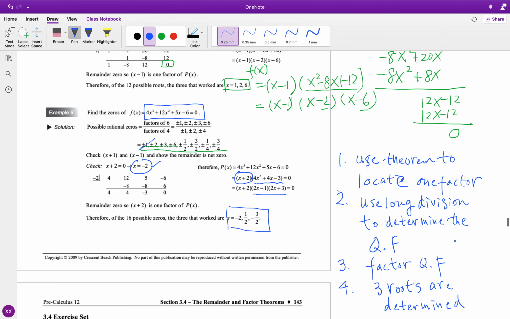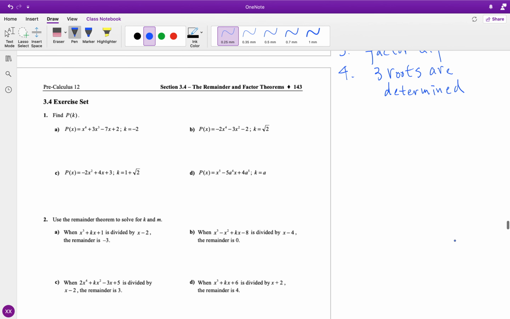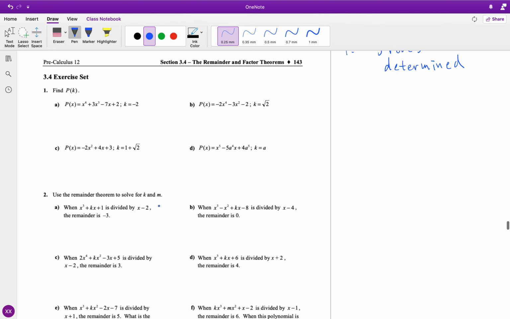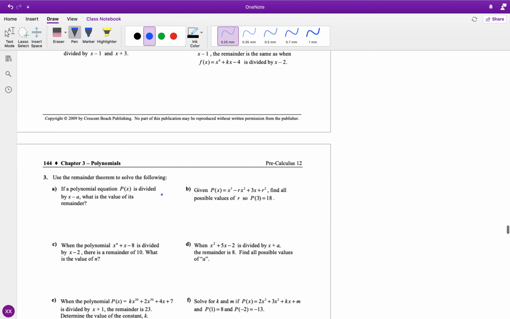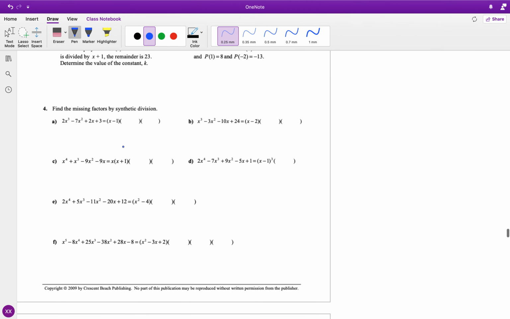All right, so now let's take a look at your exercise, okay? These ones are very boring. This is just basically you plug this number in, and then you see whether or not you calculate the remainder. The only thing I find interesting in terms of solving is pretty much just this question here.